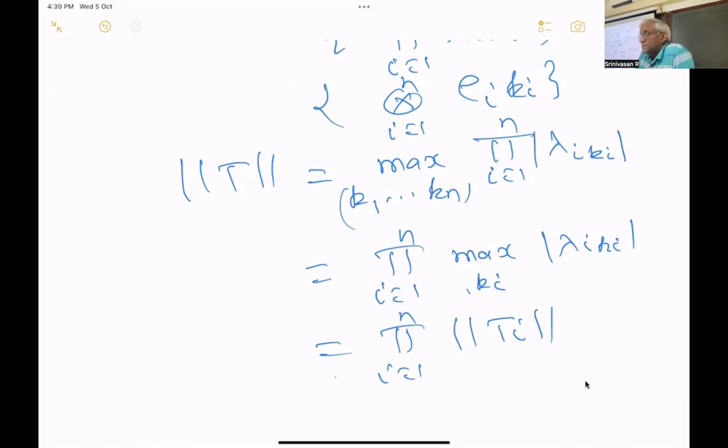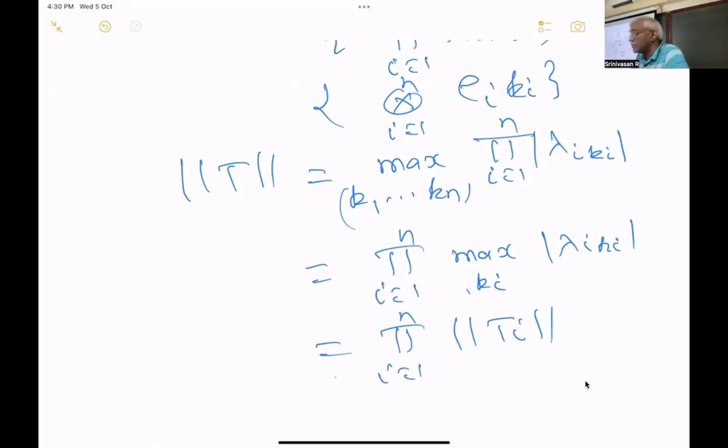Think about it. So this says that for finite dimensional spaces, you can define the tensor product directly, which we have already defined. Then for a self-adjoint operator, norm T equals the product of the norms. So this we have proved for finite dimensional Hilbert spaces.